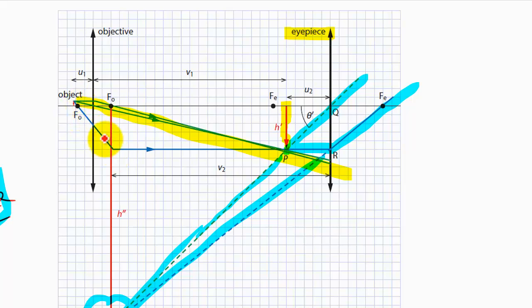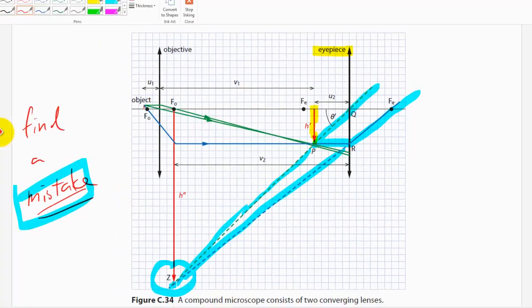If you draw it properly, it should be more like this, and that is why the intersection should actually be here instead. But never mind. The main idea is what I said: the green one and then these two, and then you trace it back. It's actually very simple.